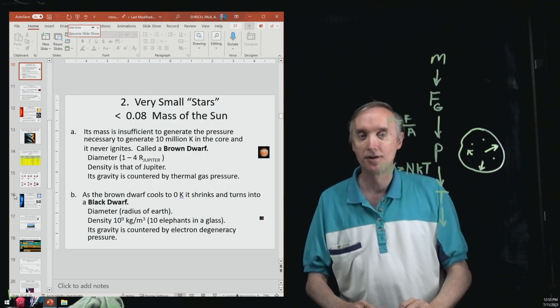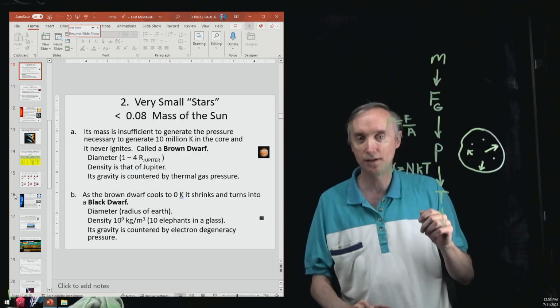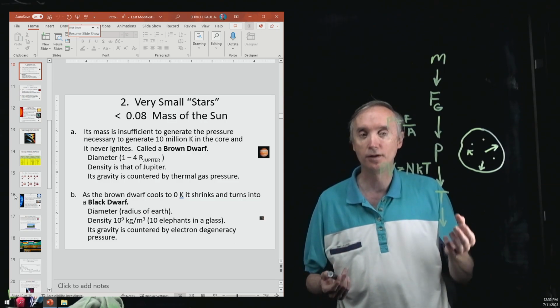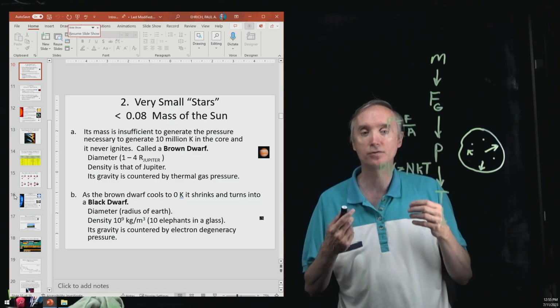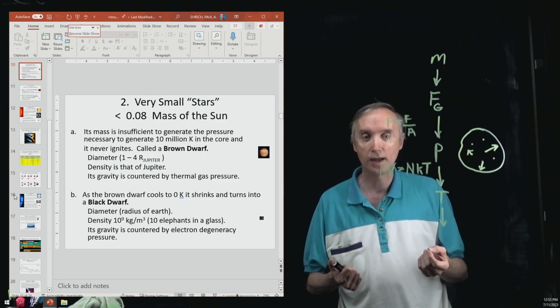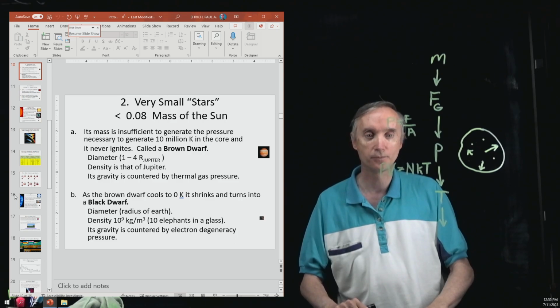Oh no. The temperature in the core of Jupiter would have to get to 10 million Kelvin before it would ignite. But Jupiter only has a temperature of about 20,000 Kelvin, and so it's pretty hot in the center of Jupiter, but not nearly hot enough for thermonuclear explosions.